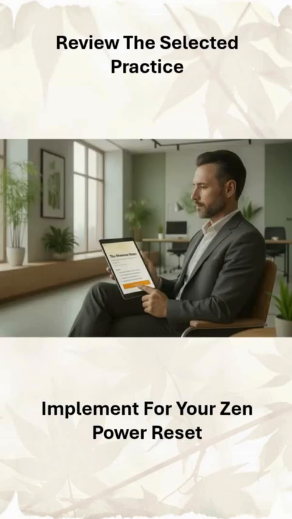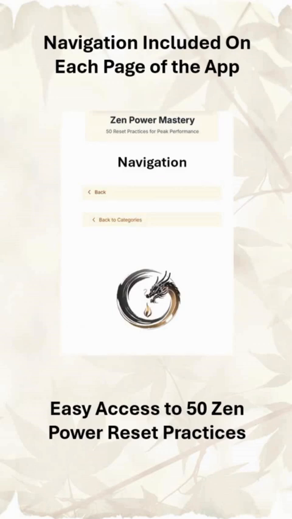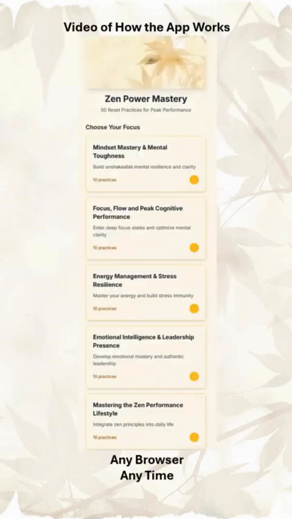Once you click on the practice itself, you'll see the detailed instructions for how to implement your Zen Power Reset. And as I mentioned, navigation is included on each page of the app, and it's easy to access all 50 Zen Power Reset practices once you have access to the app.